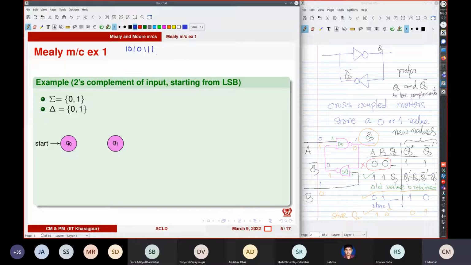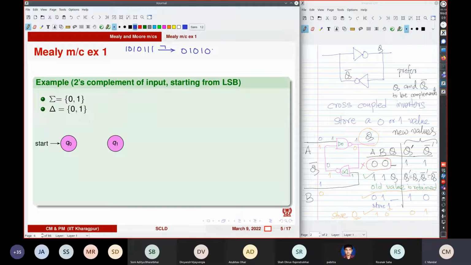So how do you obtain the 2's complement? First you do a bitwise complement. So the bitwise complement is 0, 1, 0, 1, 0.